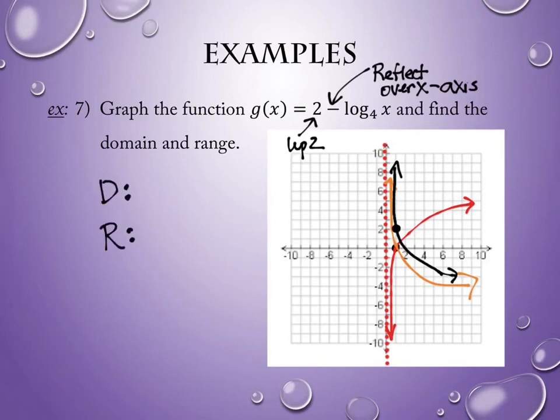Now, even though I did all sorts of flipping things around and shifting it, none of that actually affected this particular domain and range, did it? It didn't. Because it's the shift left and right that would affect the domain. So my domain for this one is still 0 to infinity. And the range is still negative infinity to infinity.